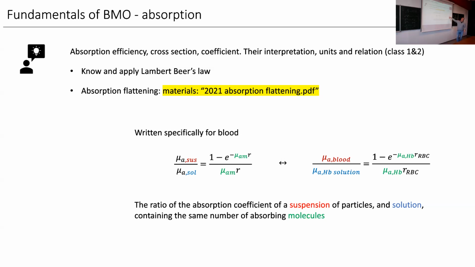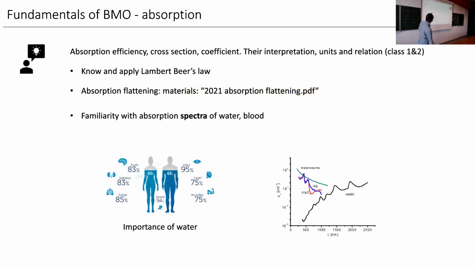And this would be the absorption coefficient that you would measure if you would isolate one single red blood cell and calculate the absorption. That's the interpretation of these numbers. So I want you to be able to put these things together.